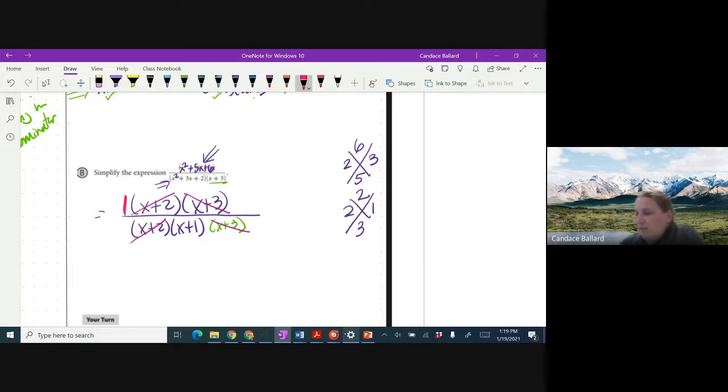There's definitely an x plus 1 in the denominator, so it's not just 0. If I put a 0 in the top, that would mean 0 divided by something, which would be 0. So I can't have that, but there's always an invisible 1 coefficient. So my numerator is 1, my denominator is x plus 1.